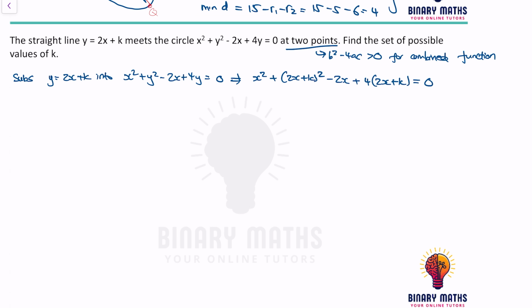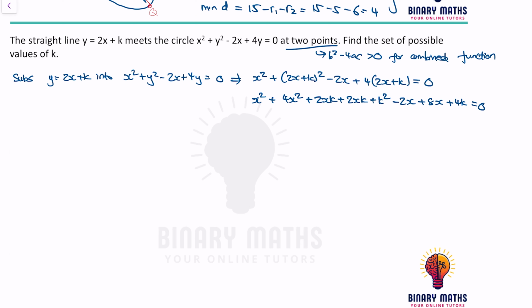If I expand this, x squared obviously stays as x squared. If I expand the first bracket, 2x times 2x gives me 4x squared. I end up getting 2xk plus 2xk plus k squared. Minus 2x, 4 times 2x gives me plus 8x plus 4k is equal to 0.